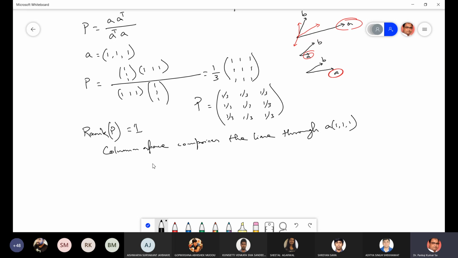Column space is the line passing through A equal to 1, 1, 1. And not only that, every column of this matrix is a multiple of A. There is also a fact. Every column of P is a multiple of A.